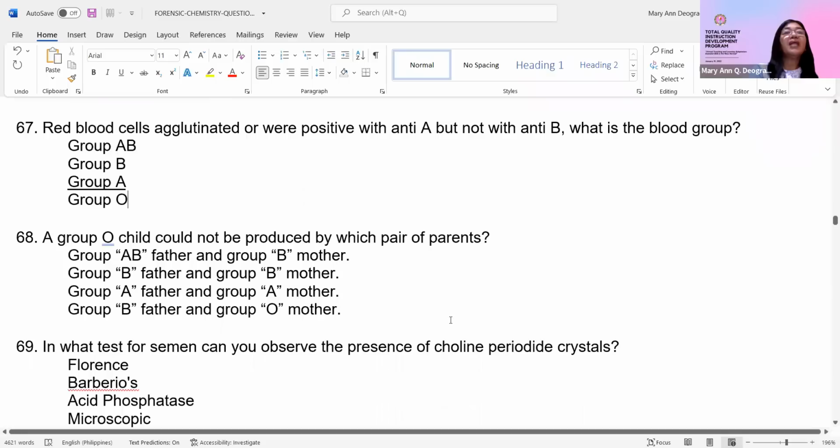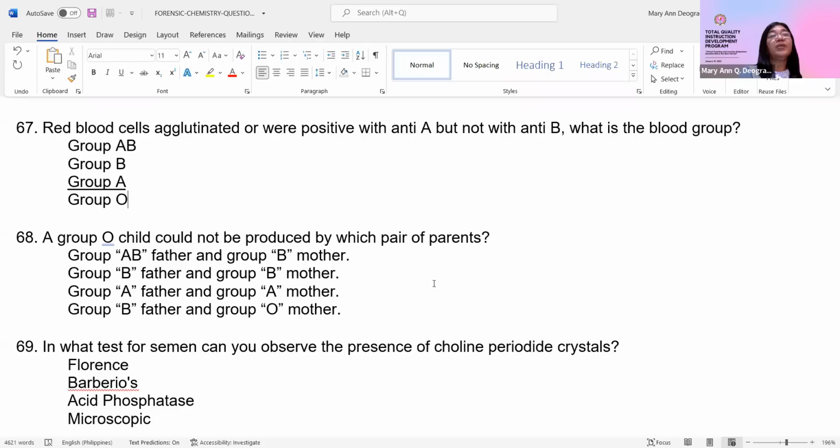Alright, a group O child could not be produced by which pair of parents? Alin dyan ang hindi makapag-produce ng group O? Is it A? Is it B? Is it C or D? Answer is letter A. Kasi ito, pag nag-crisscross, itry nyo i-crisscross.